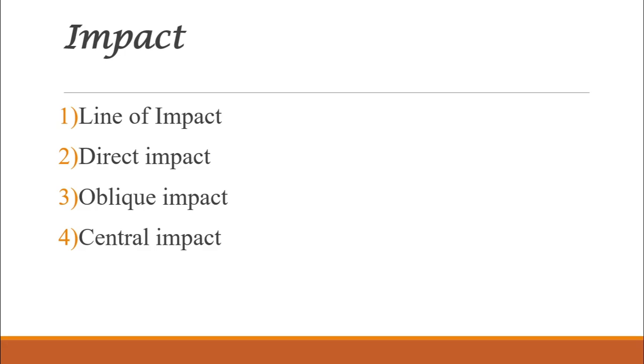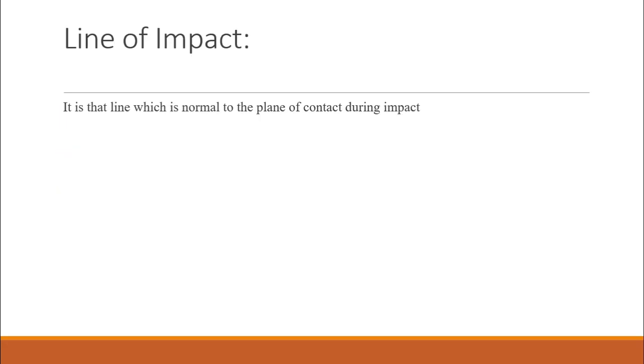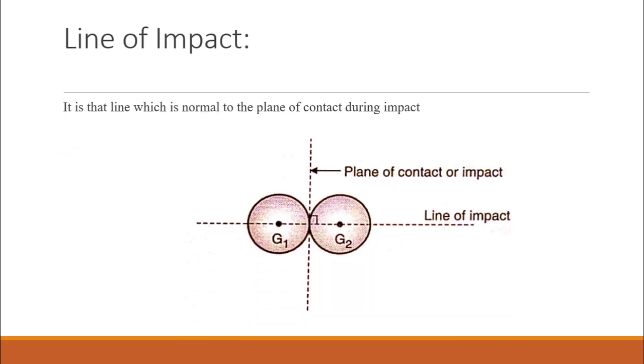First is line of impact, direct impact, oblique impact and central impact. To understand the types of impact, first we will understand the line of impact. Line of impact is the line on which impact takes place, or we can say it is the line perpendicular to the plane of contact.